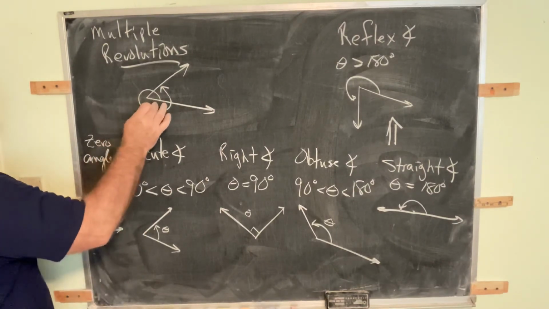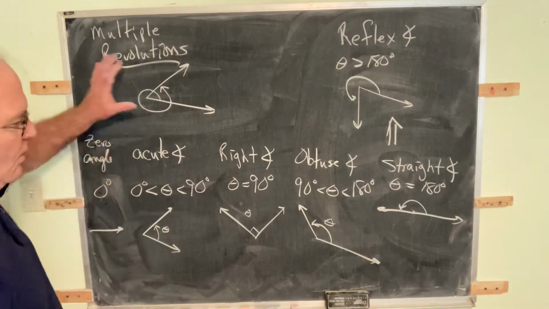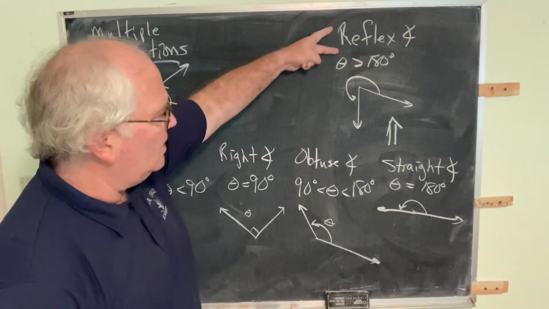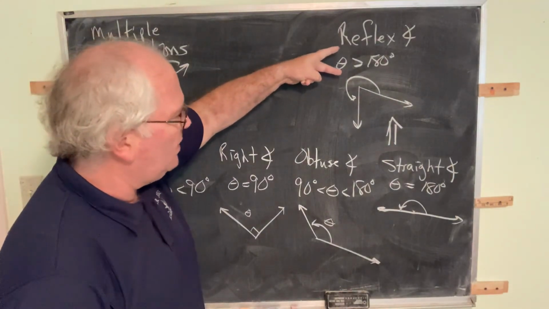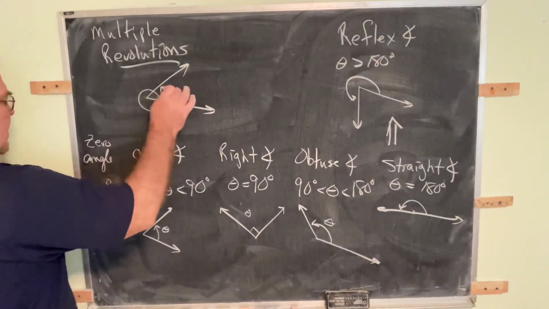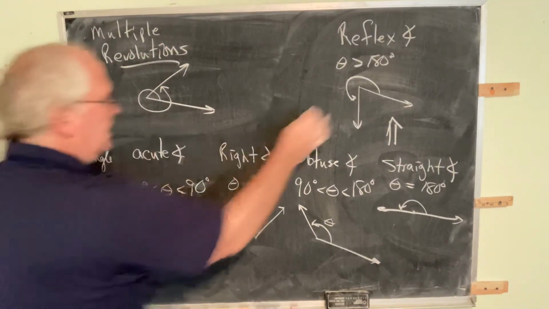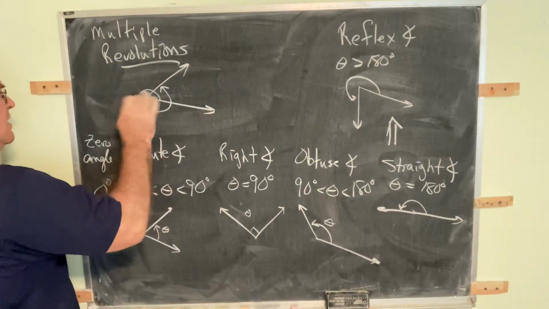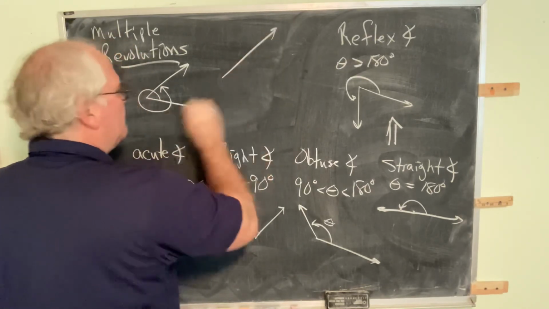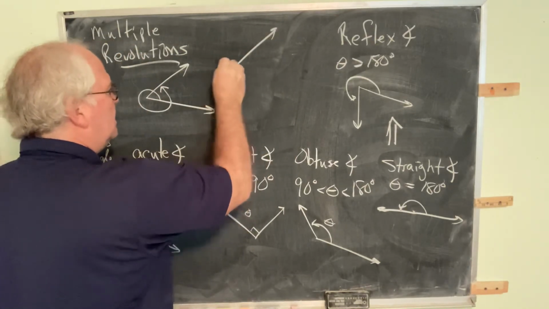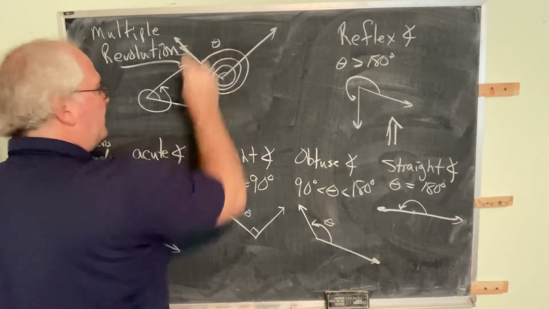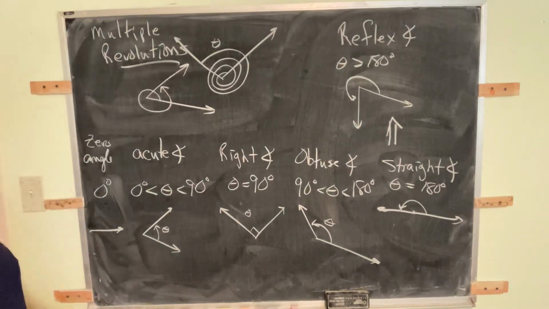Now, I suppose strictly speaking, a reflex angle you could say is between 180 degrees and 360. But for our purposes, we won't bother with categorizing it in this fashion. But this is a multiple revolution. And you can have as many revolutions as you like. You may revolve 3 complete times, 1, 2, 3, and then finish it. So this might be our theta.